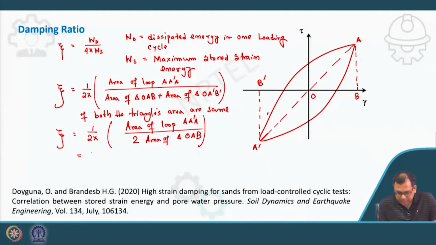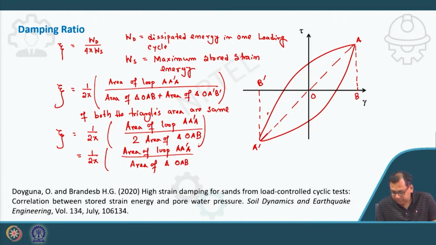Or I can write 1 by 2 pi the area of loop A dash A divided by area of triangle OAB.